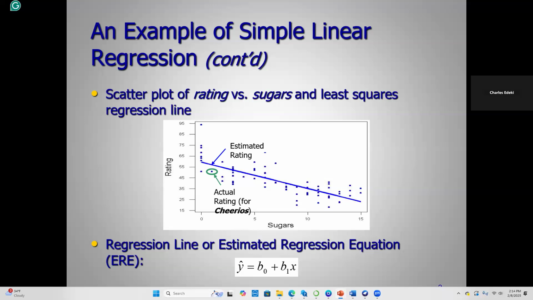Our parameters here will be x and y-hat. x is our independent variable, and y-hat is the dependent variable, the predicted value. But what I want to mention before is that B0 and B1 are the equation parameters.